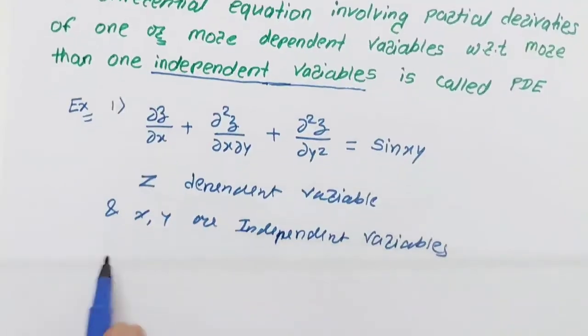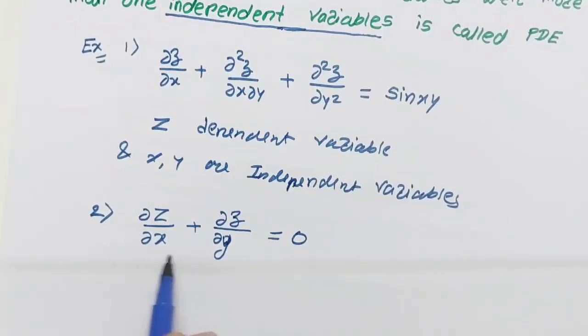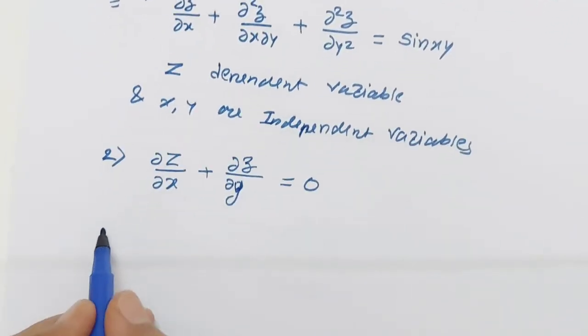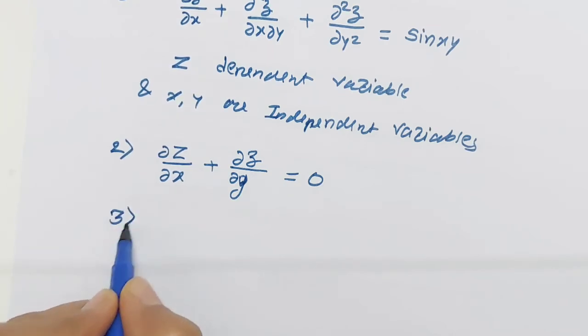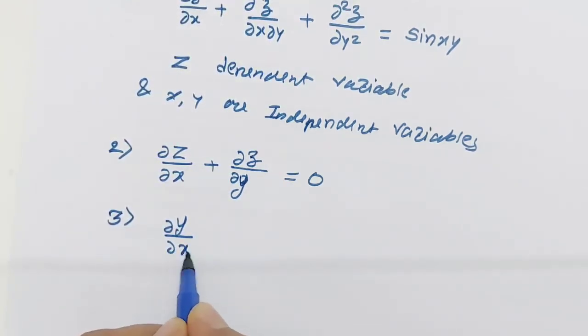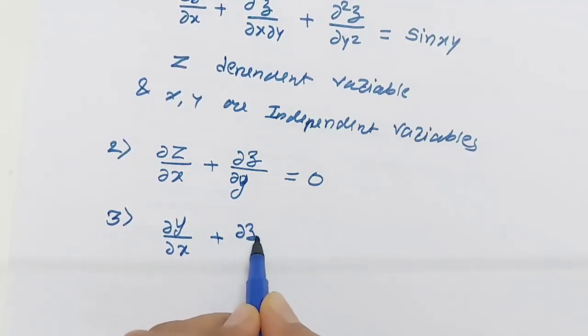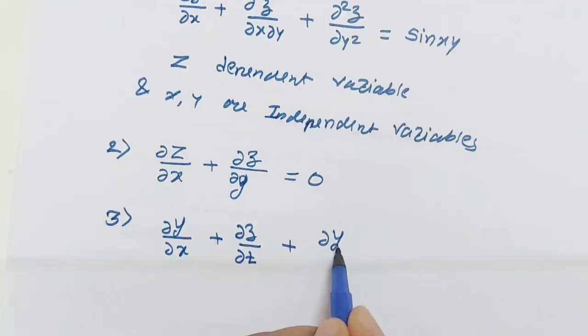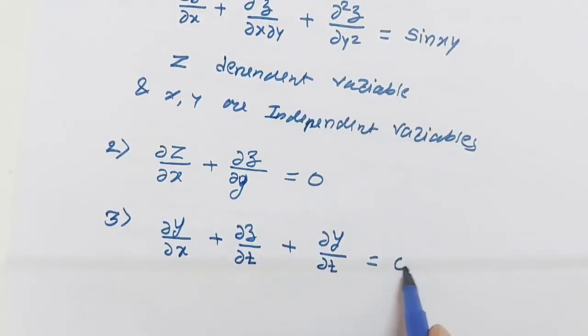So this is one example. Now see the second example. It again contains one dependent variable and two independent variables, so this is again an example of a partial differential equation. Now we see the third example. Suppose we have given del y by del x plus del z by del t plus del y by del t is equal to 0.